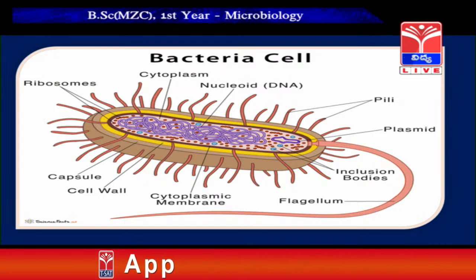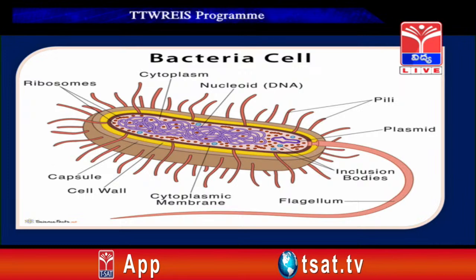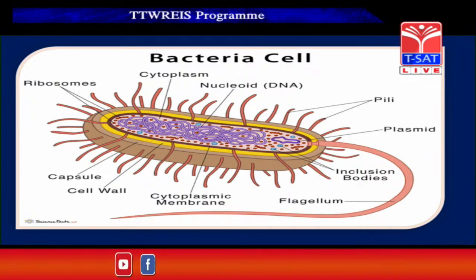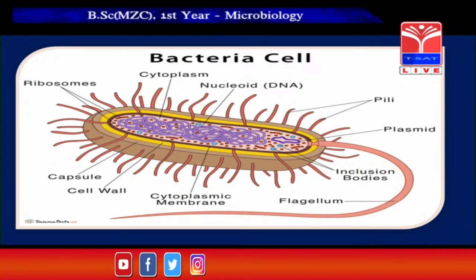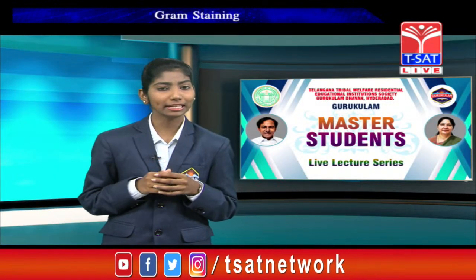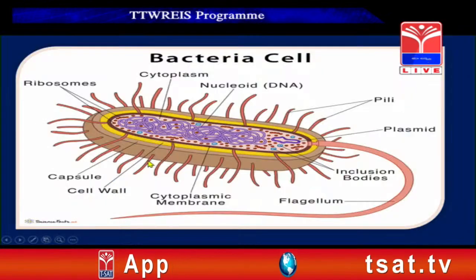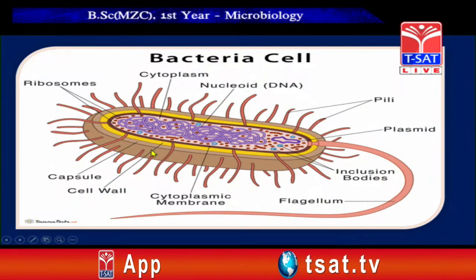And the next one is endospore staining. Endospores play a major role in the protection of bacteria. These endospores can protect the bacteria under harsh environmental conditions also. So, these are the different types of organelles present in bacteria.